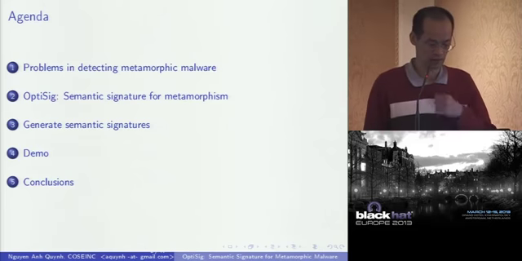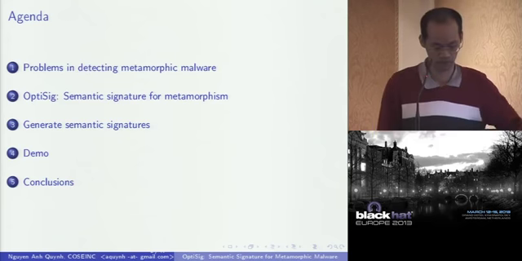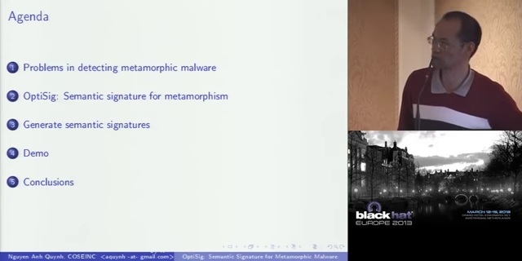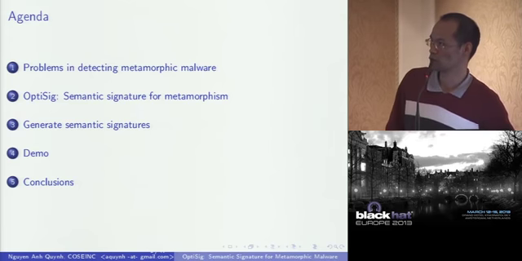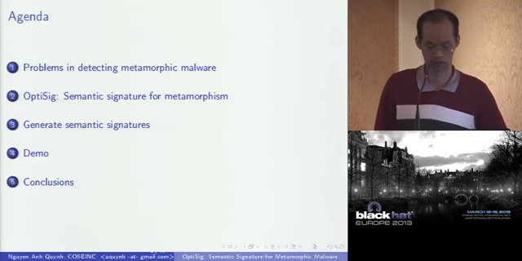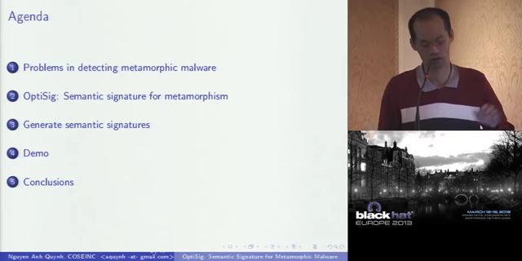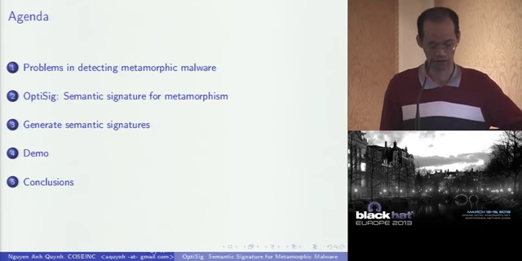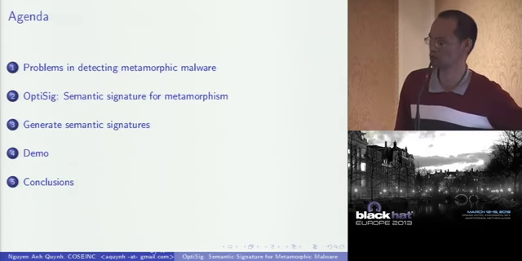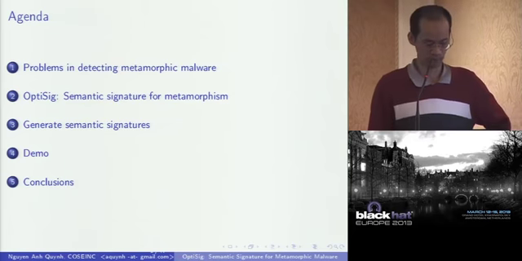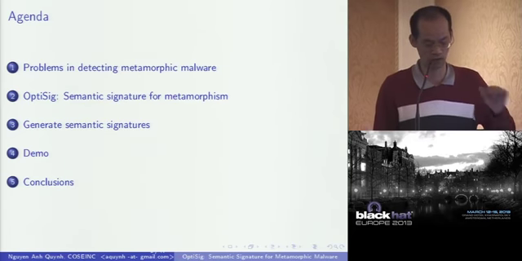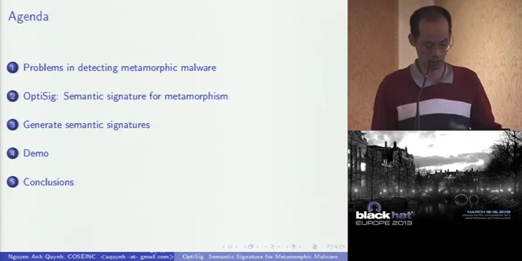And in this research, I propose another new method, and this one is called OptiSig, and we propose to use semantic signature. That's different from the current signature in the AV, and OptiSig can be used to detect the metamorphic malware. So we try to raise the bar higher, so we can solve this problem somehow.